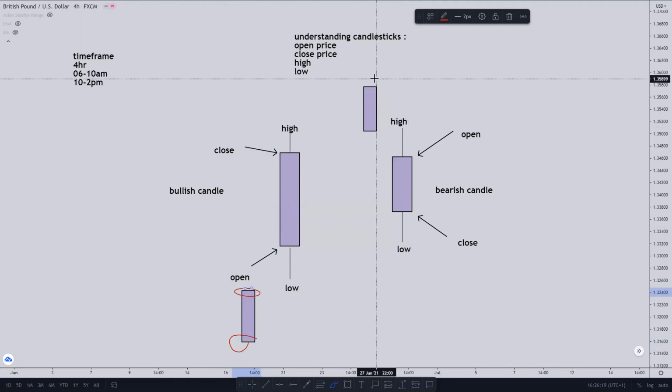And then same here, 6 a.m. the price opened, and then 10 the price closed in these areas.